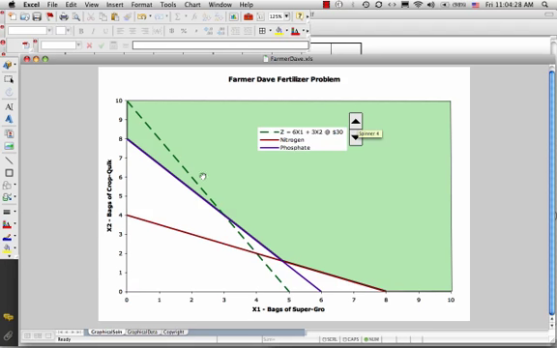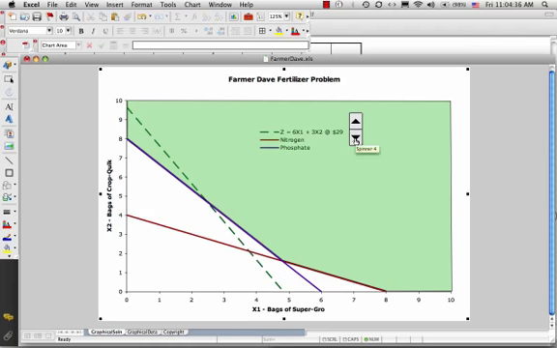And because it's a minimization problem, we want to bring our cost line in as close to the origin where the cost would be 0 as possible. So I can use my sliders to decrease it, move it in towards the origin. The last point in the feasible region, in this green area out here, the last point it hits before it leaves is where we're going to find our cost minimization optimal solution.